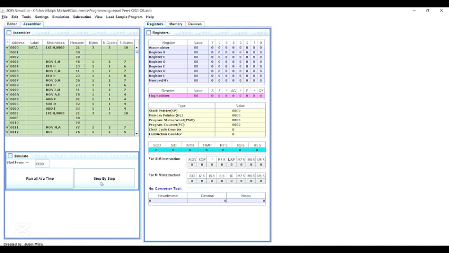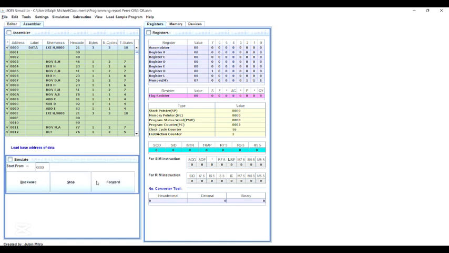First is load base memory address 8000H into the HL register pair. So here, as you can see, the value in memory is 7.